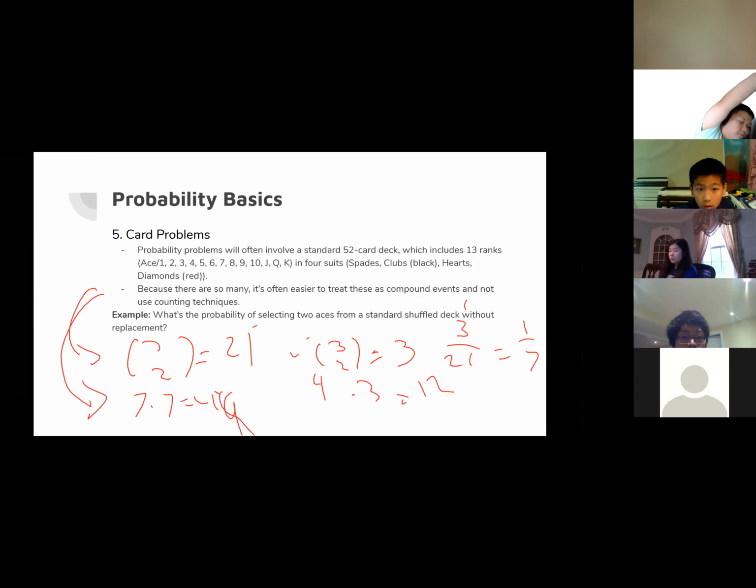Card problems, it's just a name. They don't often use the same strategy, but it's a name for problems that involve a deck of cards, and it's important to know in competition math what is in a deck of cards and how you can choose from them.